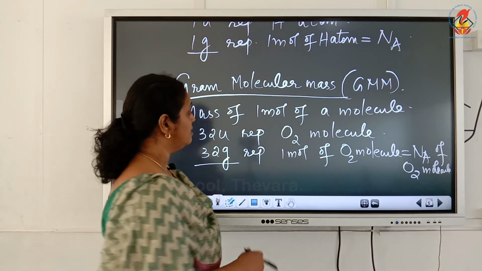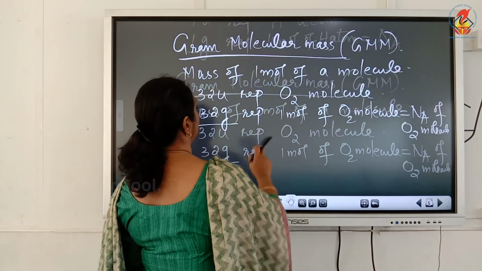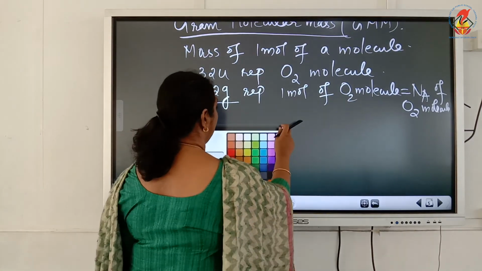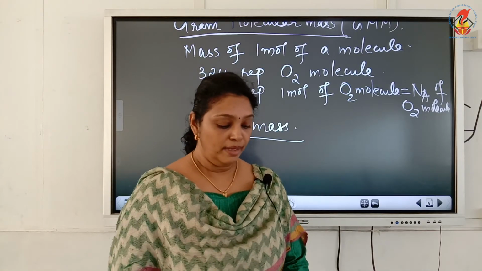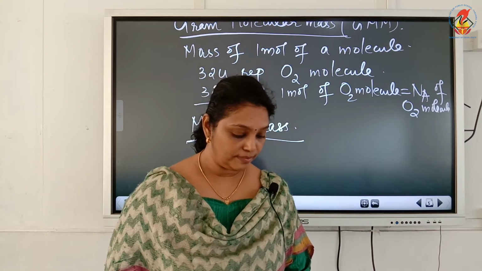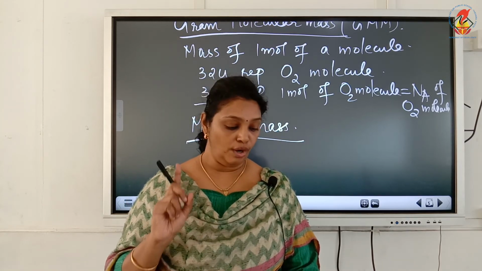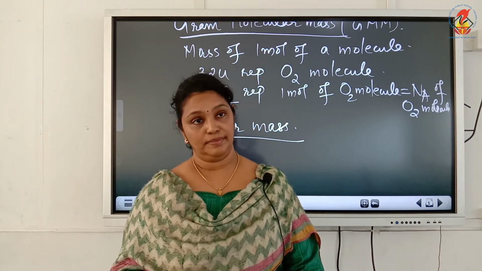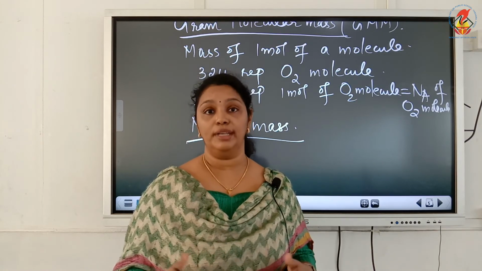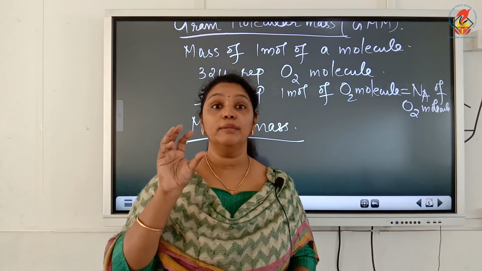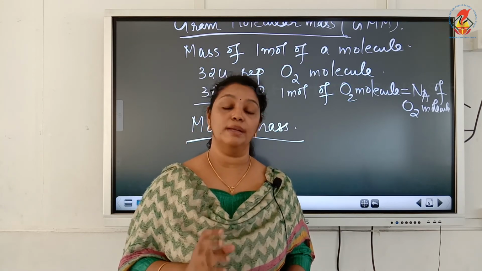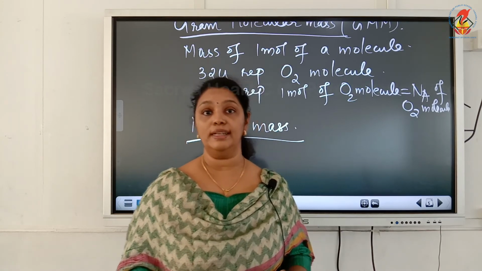Okay, now instead of using the word gram molecular mass, we can also use molar mass. So what do you mean by molar mass? Molar mass is the mass of 1 mole of a substance in gram. So, instead of gram molecular mass, we can also use molar mass for 1 mole of a substance. So, molar mass is the mass of 1 mole of a substance in gram.